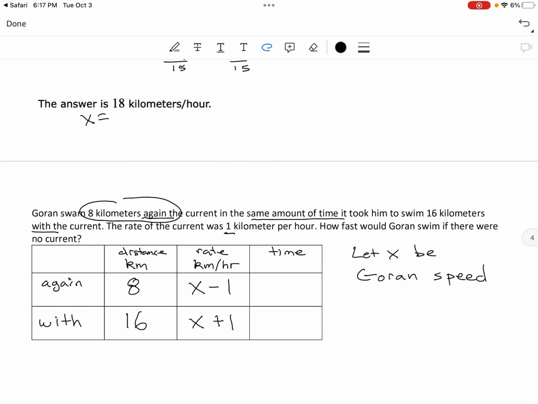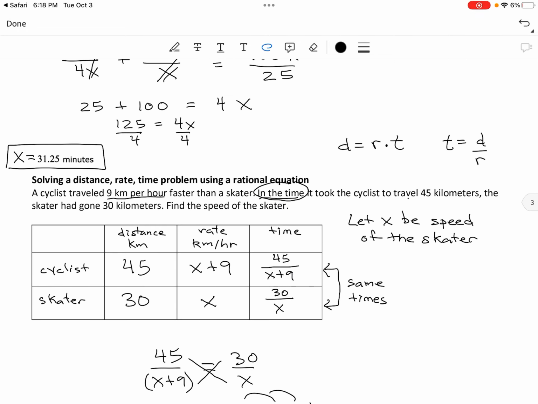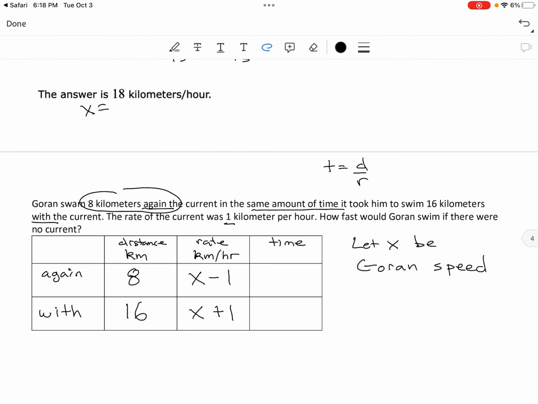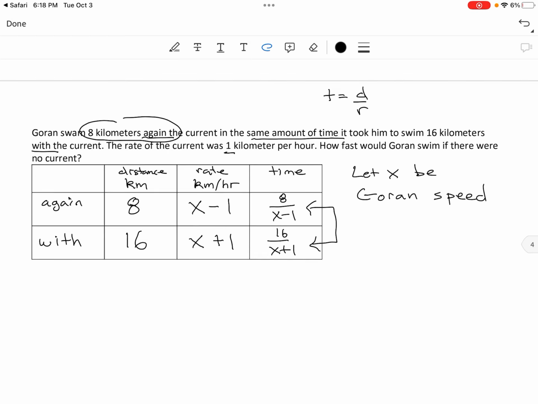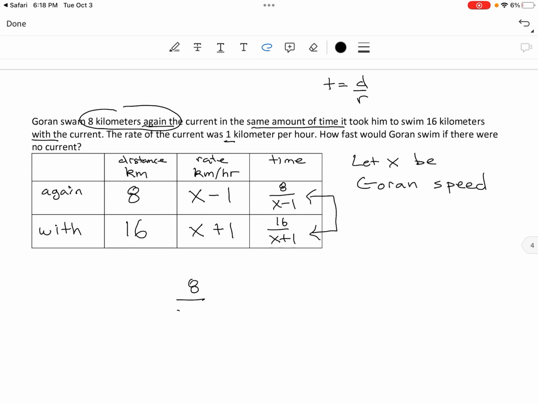Time is distance over rate, like our last example. So we take 8 over x minus 1 and 16 over x plus 1. Because the times are the same, we can set up an equation where one time equals the other.